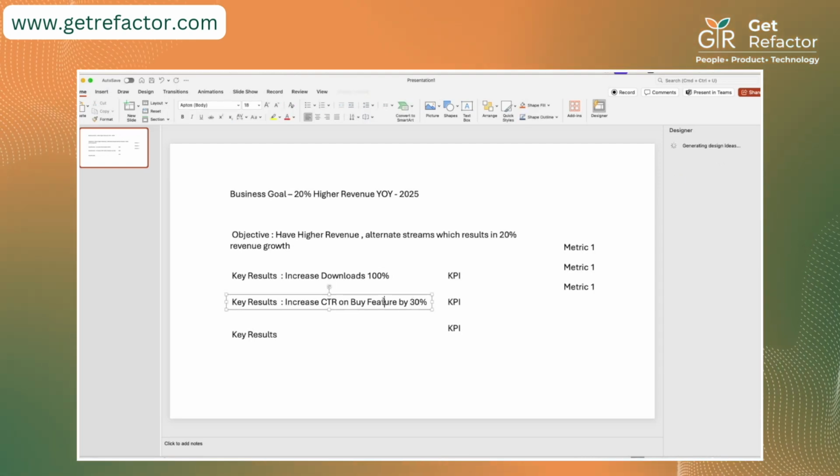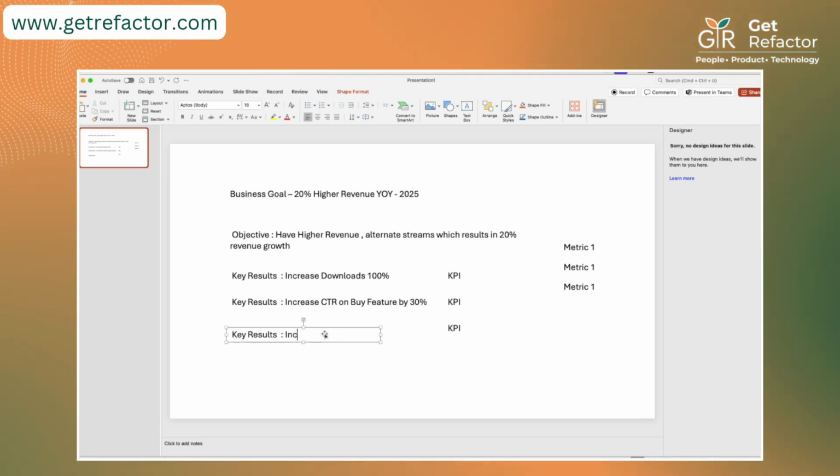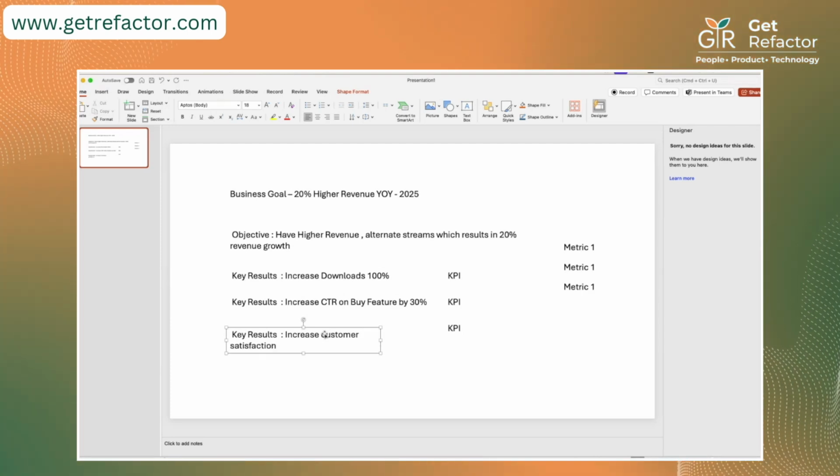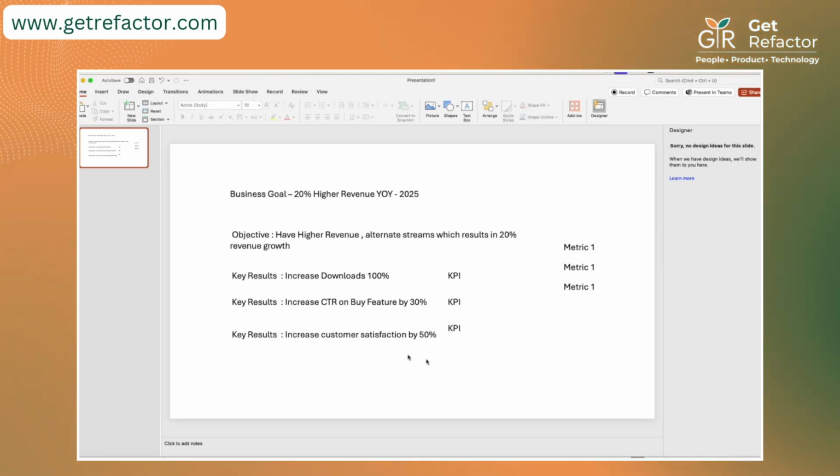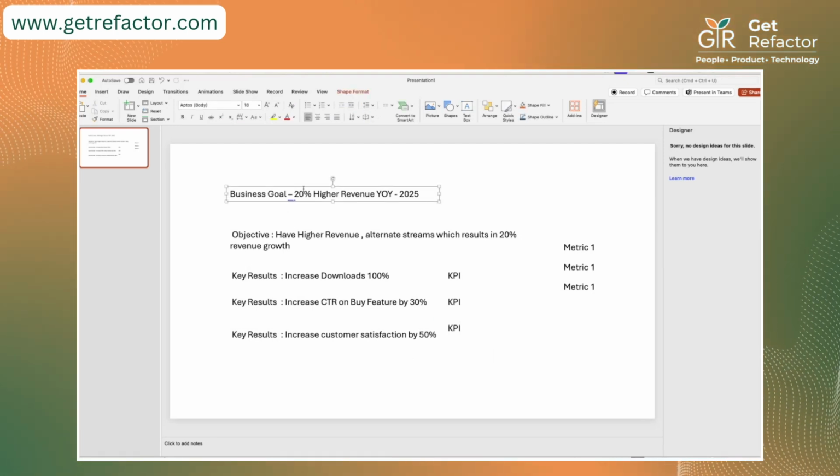Okay, and then there could be another key result or direction that we will be thinking about, by 50%.